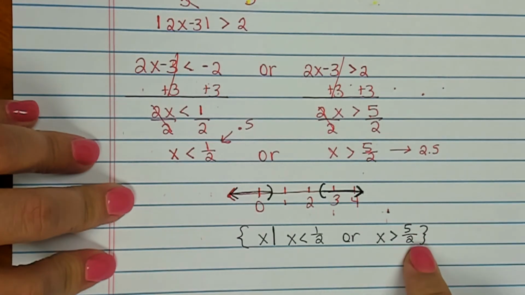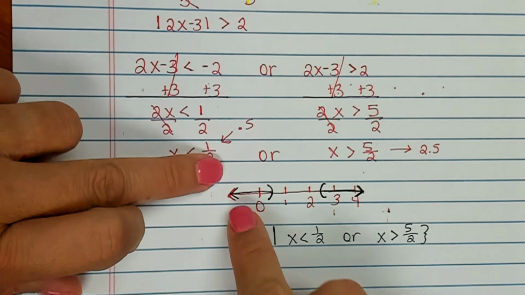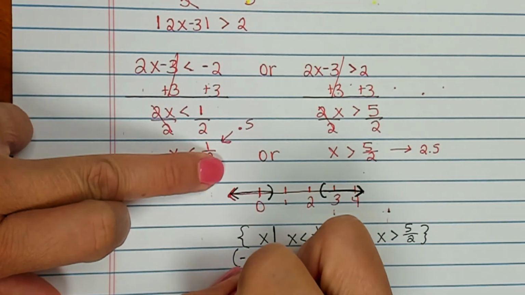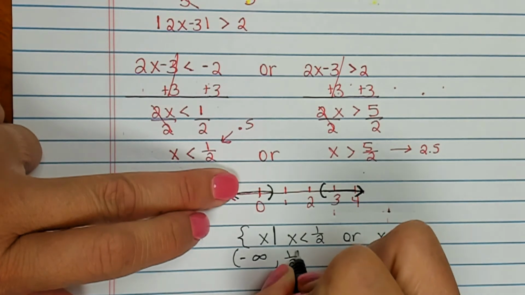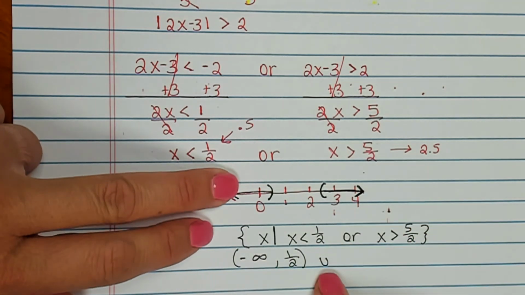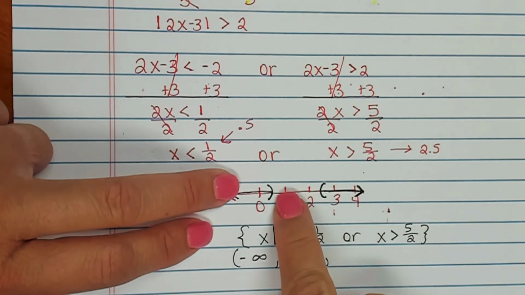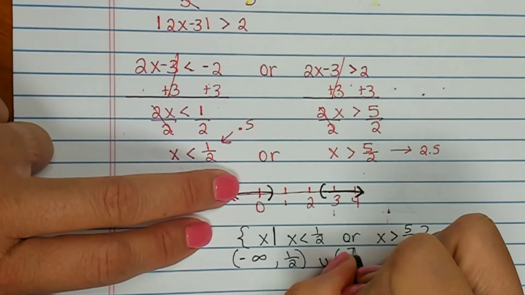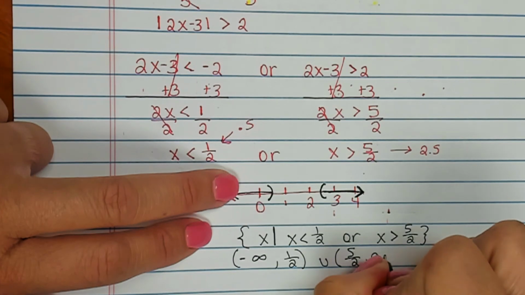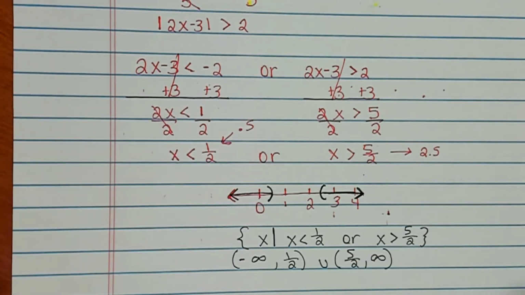In interval notation, this would be from negative infinity to 1/2, union, because I've broken that up, so I've got to jump to this other piece, 5/2 to infinity.